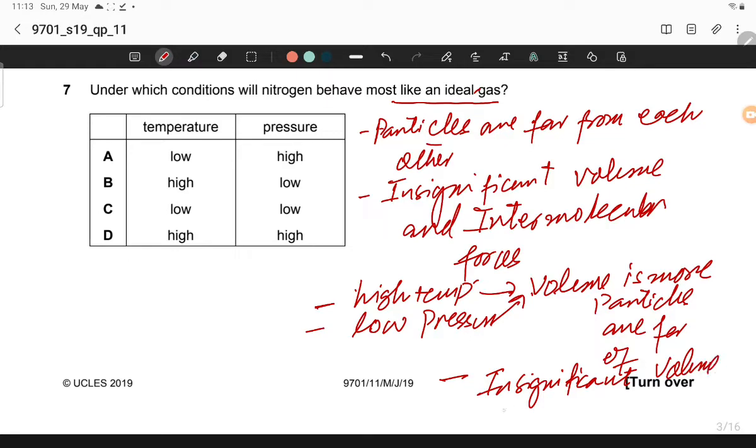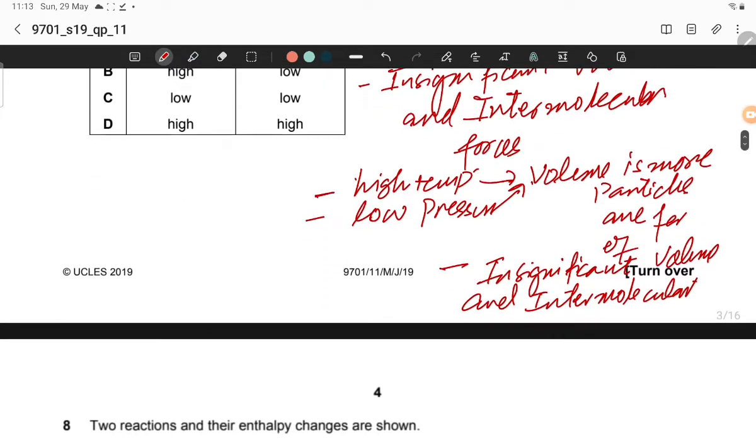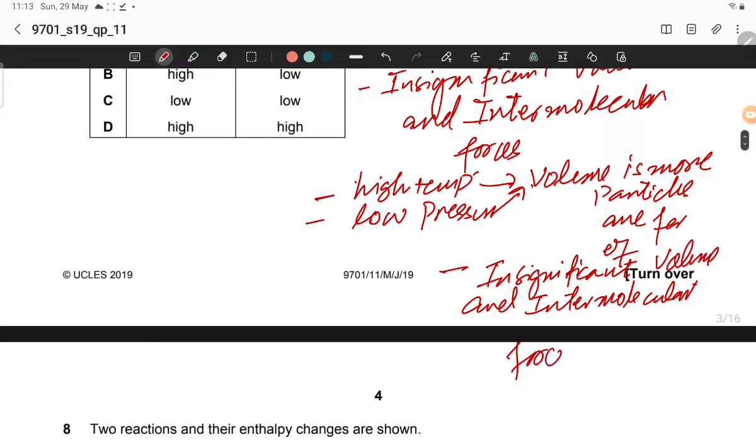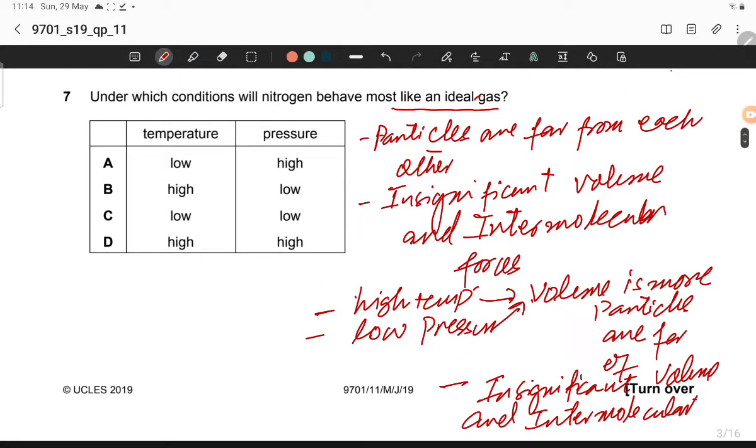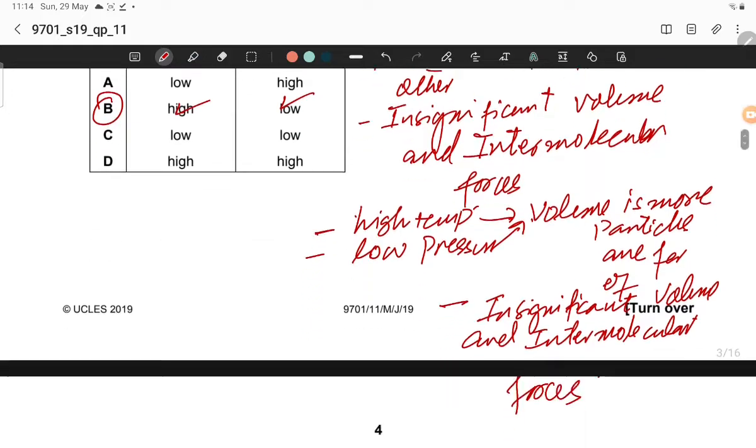Volume and intermolecular forces are insignificant. So temperature should be high and pressure should be low. So B option is correct.